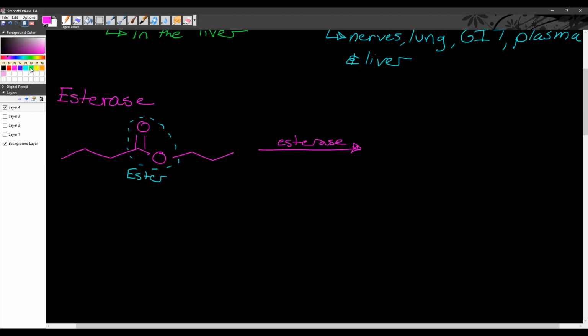So what is going to come out of this is that we are going to cleave it apart right there, cut it in half, and what we are going to be left with is the carbonyl portion and an alcohol portion.